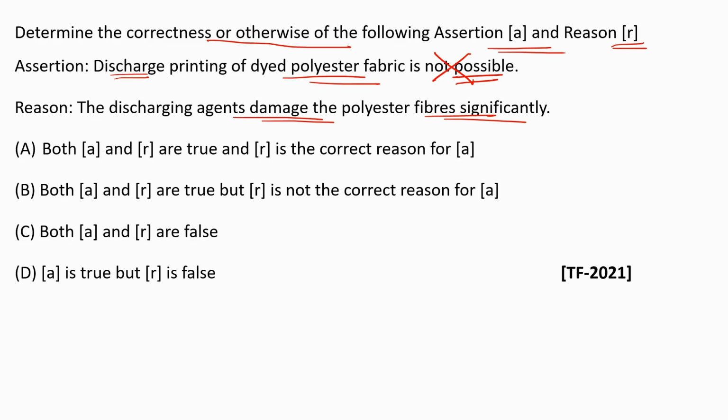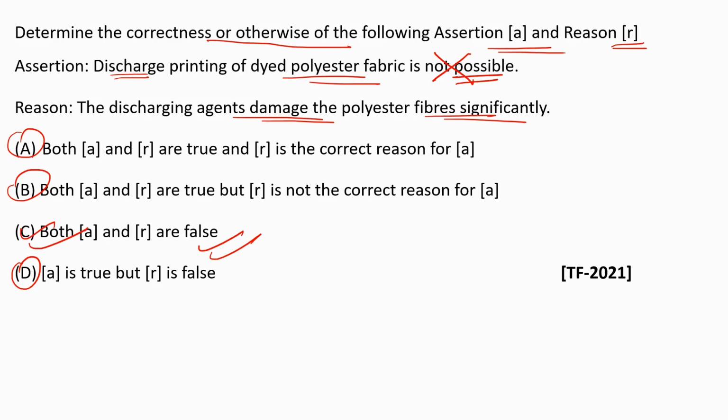If the assertion is wrong, then you can get the answer by a trick, whether you know the reason or not, because we are left with only a single option, that is option C, because in options A, B and D, A is true. So you can answer this question without knowing the reason. The option C would be the right answer, but just read the reason for this.